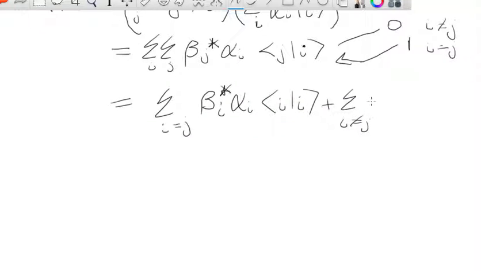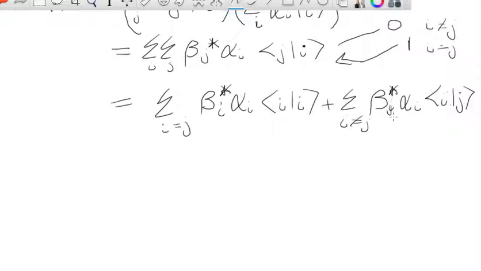So now we put beta j star and alpha i. This is i, j again, but the difference from up here is we've selected out the times when i does not equal j.